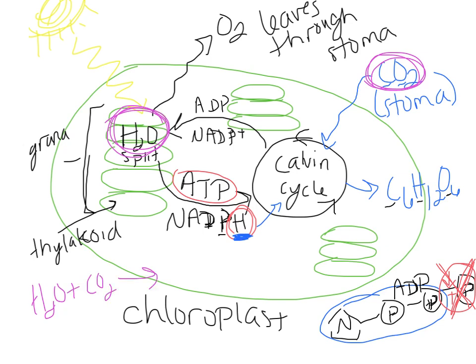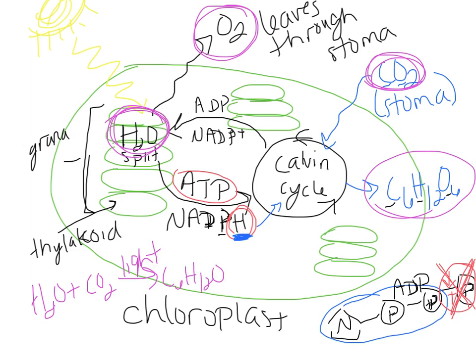I mixed it with some light, and the things that actually came out were oxygen and glucose. And the little nitpicky details in between, you just got to spend some time with. The difference between the light reaction, the Calvin cycle, the different parts of the chloroplast. And we'll work with those in class with some diagrams in your notebook. We'll draw some of this stuff, and we will do a lab over photosynthesis.